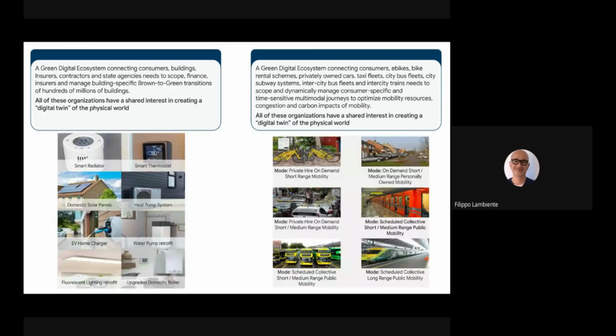For example, we see companies co-located together, virtually, thanks to the API, in order to create a smart city, a smart building, with the smart radiator talking with the smart thermostat, maybe provided by another company, and the solar system, and all of these components working together can provide benefit for the community.